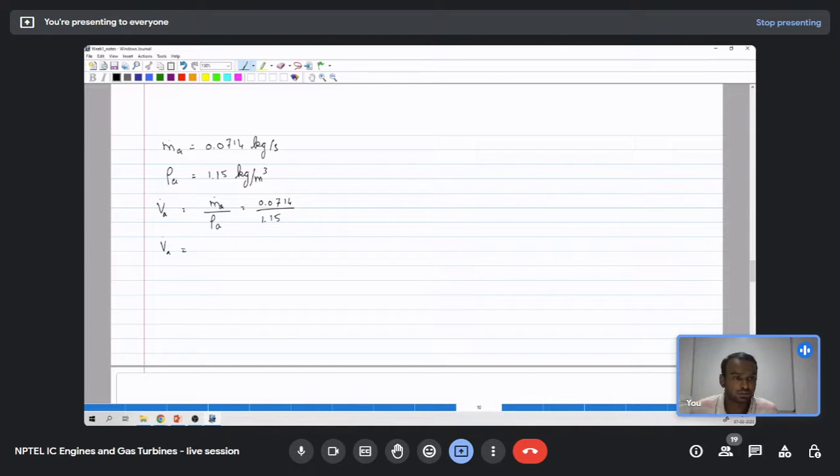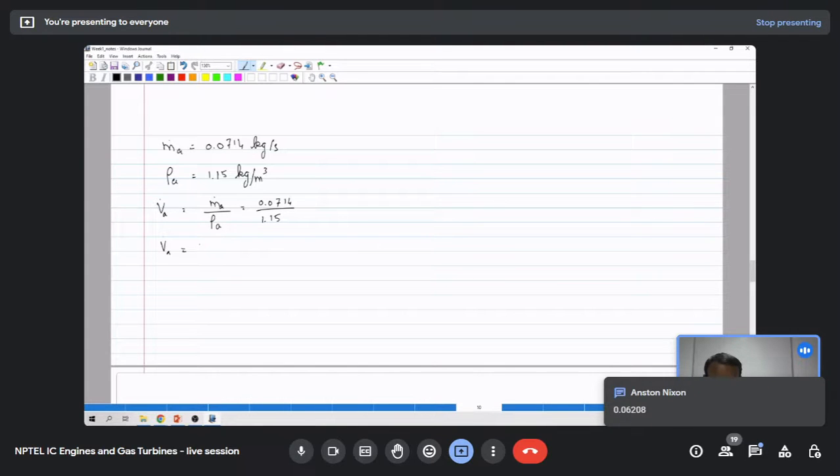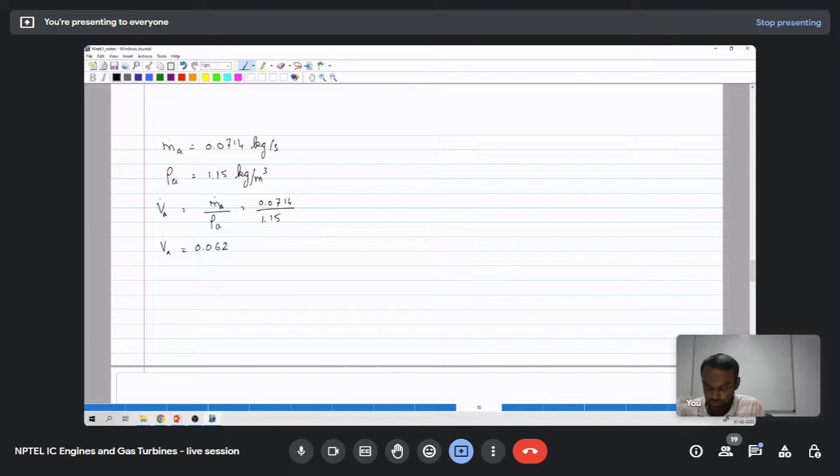Can someone help me in this computation? Okay, understand, right? 62.09 into 10 power minus 3.